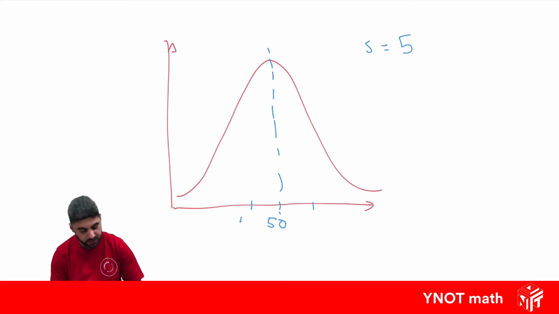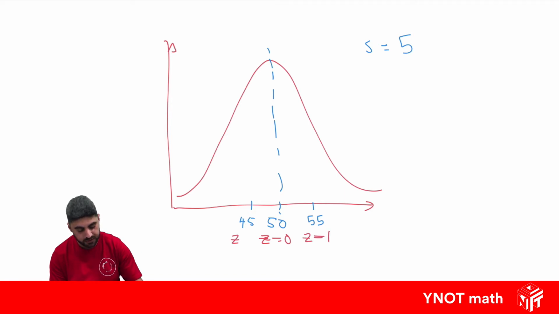So one standard deviation below is 45, one standard deviation above is 55. Now, the z-score is a way to reference these instead of saying one standard deviation below, one standard deviation above. So we call the mean, median, and mode a z-score of 0. One above has a z-score of 1.